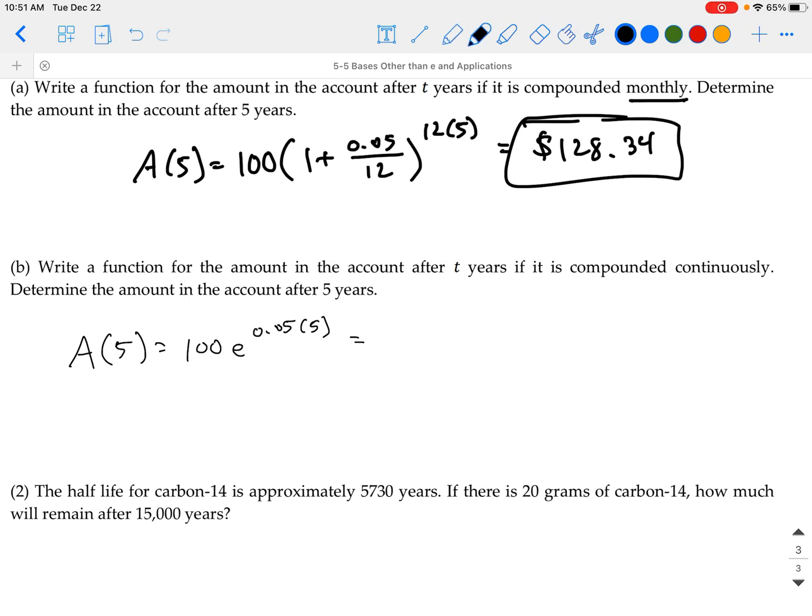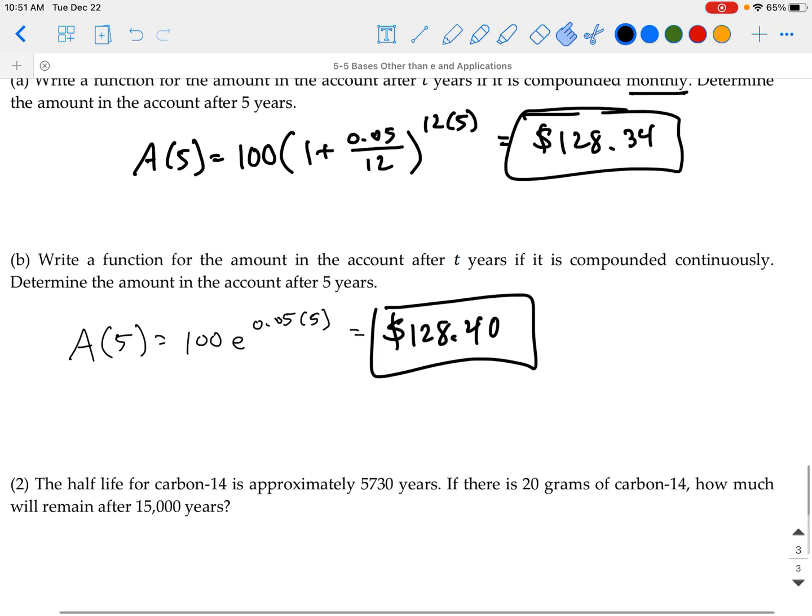And lo and behold, what do we get? Something very similar. 128.40. We'll round to the nearest cent here. So roughly the same, but the continuously compounded interest will actually be the optimal, the most interest that can be earned.